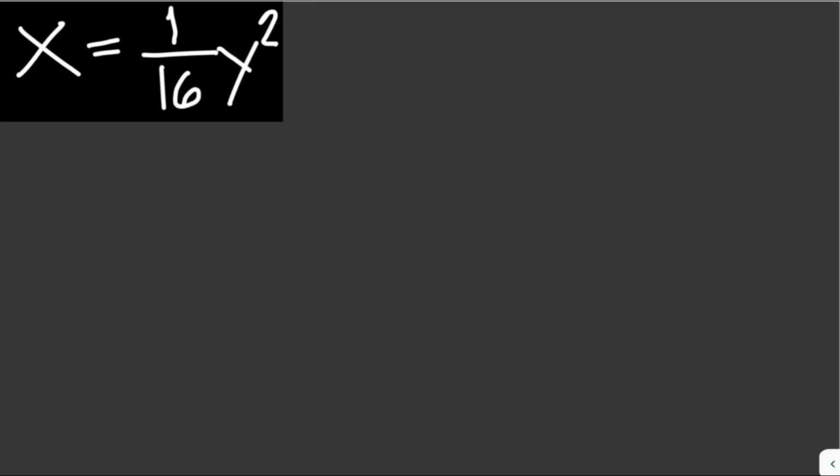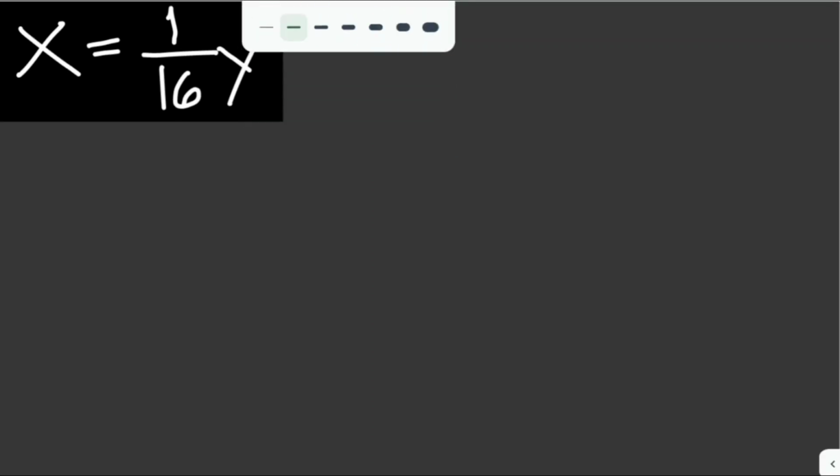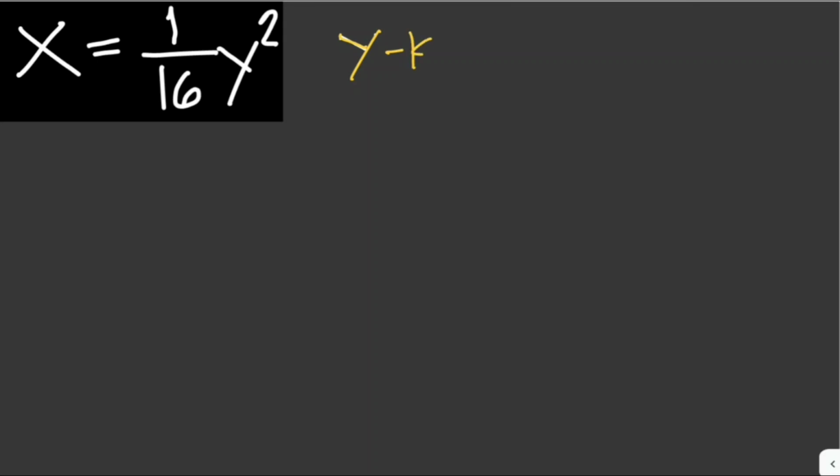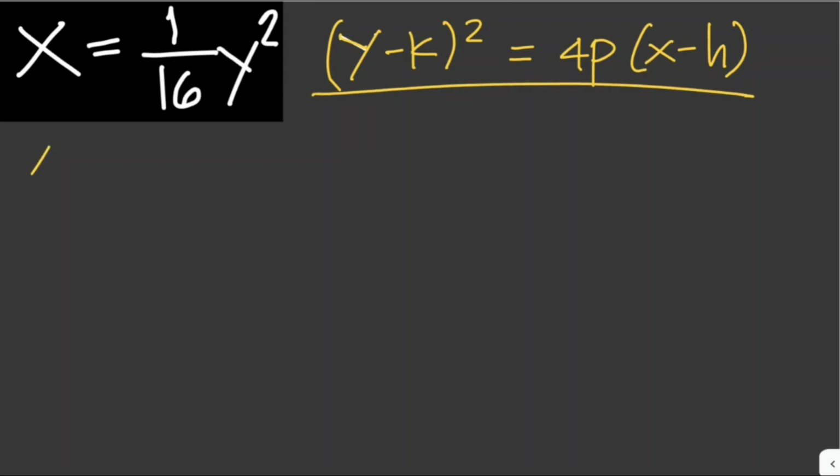We're given this problem here, x equals 1 over 16 y squared. Since the exponent is on the y variable, the equation of this parabola is in the form (y minus k) squared equals 4p (x minus h). So let's write this in this form. It would be x minus 0, because there's nothing here, equals 1 over 16 (y minus 0) squared.